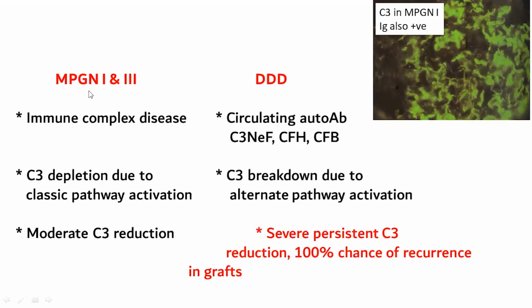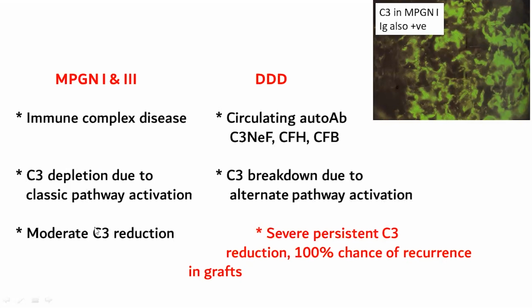In MPGN 1 and 3, there is low C3 in the blood, and this depletion is because of activation of the classical pathway of the complement system. Whereas in dense deposit disease, the C3 is broken down by the presence of these autoantibodies, and this breakdown occurs due to alternate pathway activation.